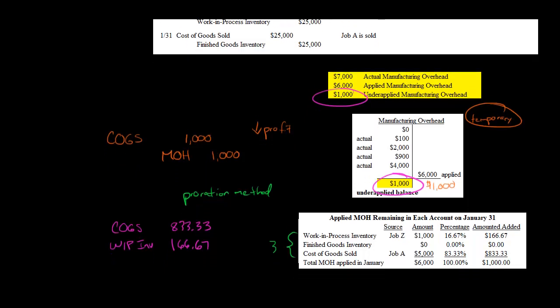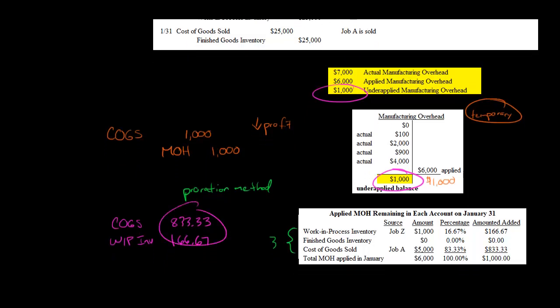Now, as you see, our debits total $1,000, which is great because now we're going to credit manufacturing overhead for $1,000. And again, now we have zeroed out the temporary account of manufacturing overhead. Okay, so either way, whether we just do it the easy way where we just transfer the underapplied balance all to cost of goods sold, or whether we actually prorate it among these accounts and say, okay, what percentage should be allocated to cost of goods sold and WIP and so forth.